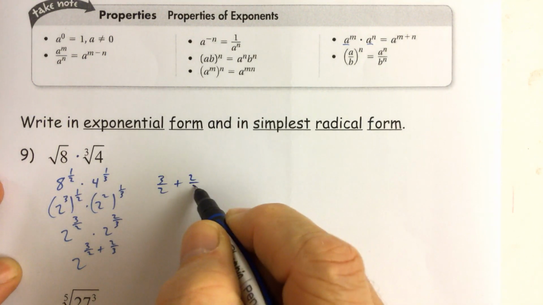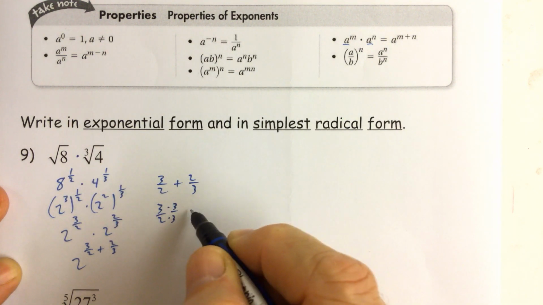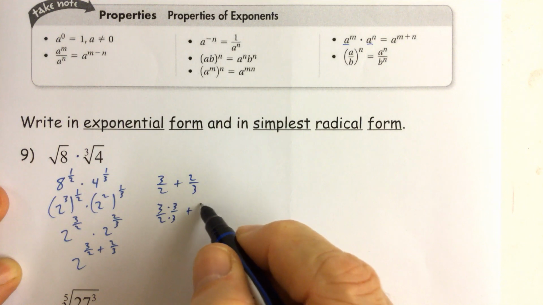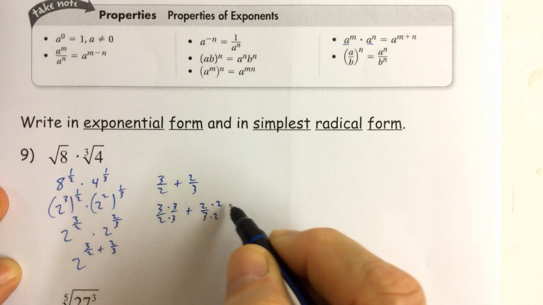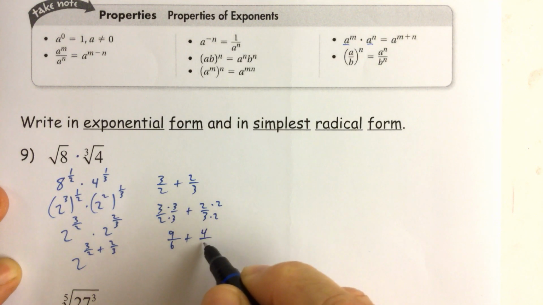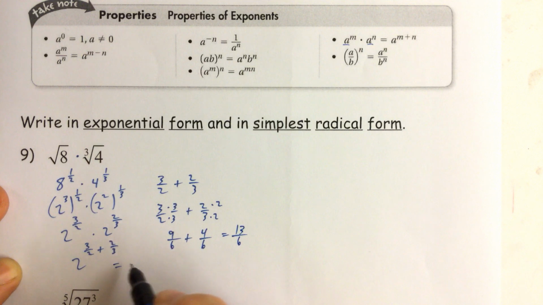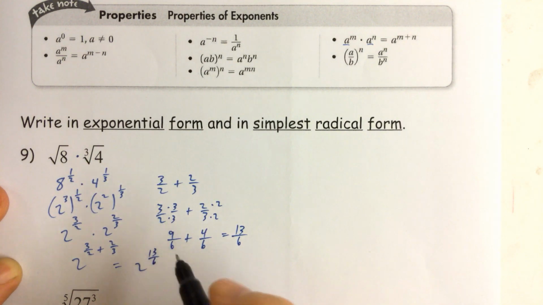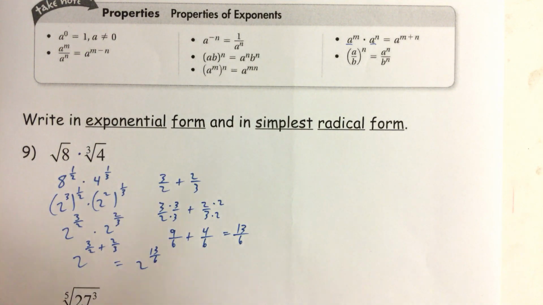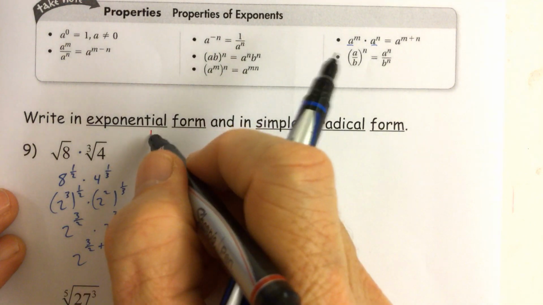For 3/2, we multiply top and bottom by 3, and here we get a common denominator of 6. For 2/3, we multiply top and bottom by 2, and we get 9 over 6 plus 4 over 6, so we get 13 over 6. So it even gets better because 2 to all of this stuff is 2 to the 13 over 6. So that right there is our exponential form.